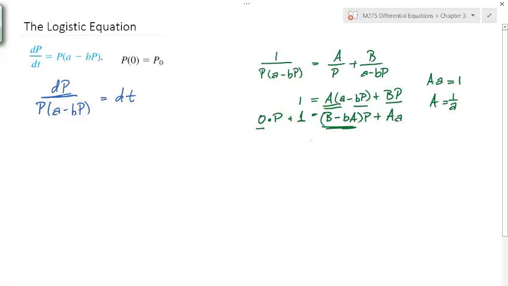That's 1 over a. And if we know that our B minus little b times A is equal to 0, then we know that B minus little b over a, that's capital A is 1 over little a, is equal to 0. So then B must equal little b over a. So we got these two values.